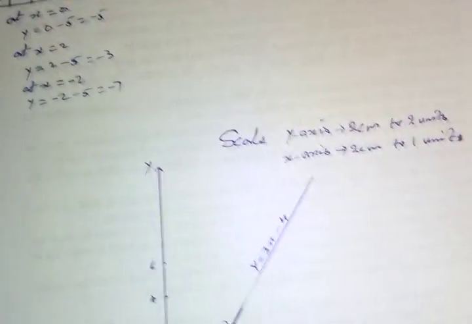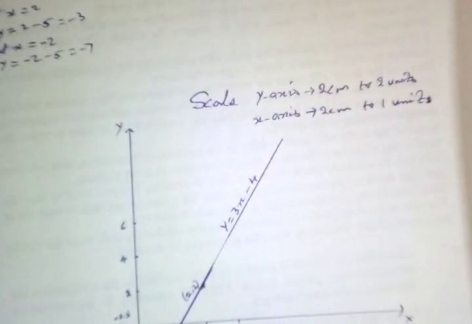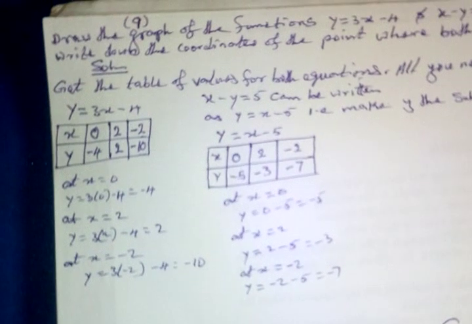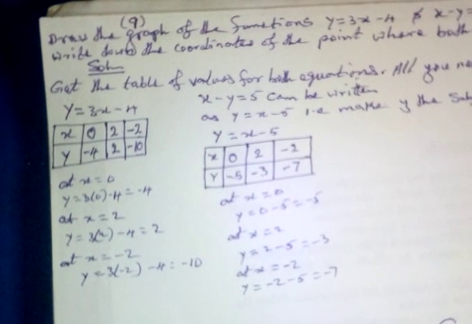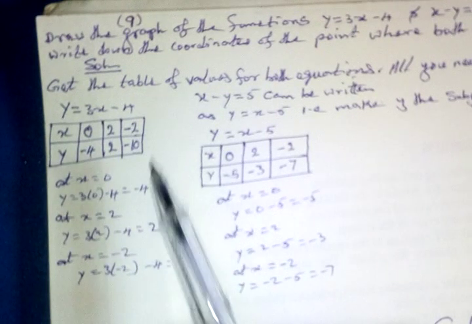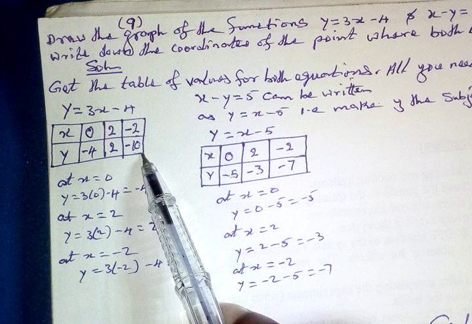Again, I choose my scale based on the values that I have. I have a minus 10, and in your graph book, if you choose a scale of 2 centimeters to 1 unit on the y-axis, it may be difficult for you to get a minus 10 on such scale.